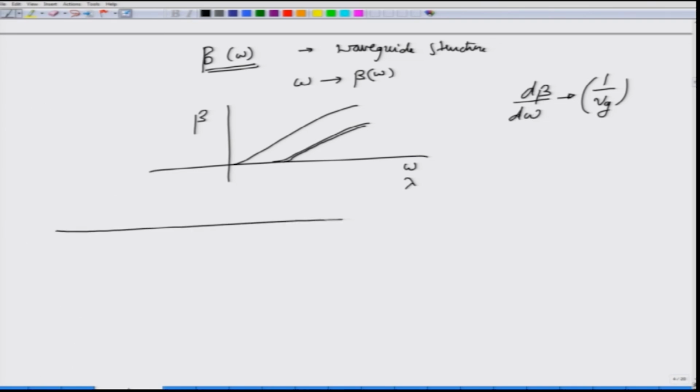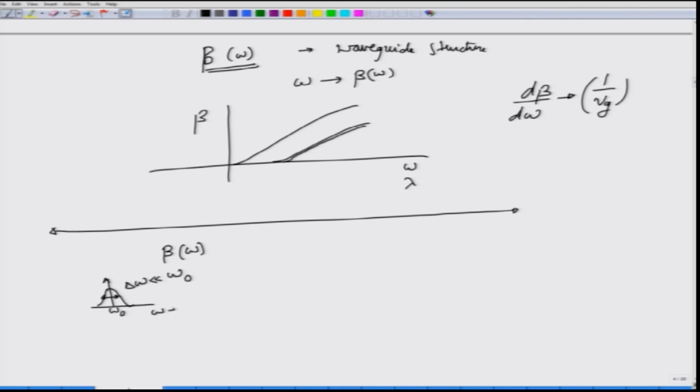Now, regardless of what kind of dispersion we are considering, what seems to be clear is that I can consider beta as a function of frequency omega or equivalently in terms of lambda, and consider a modulated spectrum. So, I consider a carrier at say omega 0, and there is a modulated spectrum around that whose width, call this delta omega, is much smaller than the center frequency or carrier frequency omega 0.